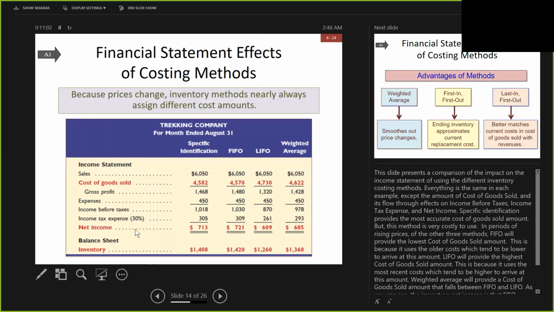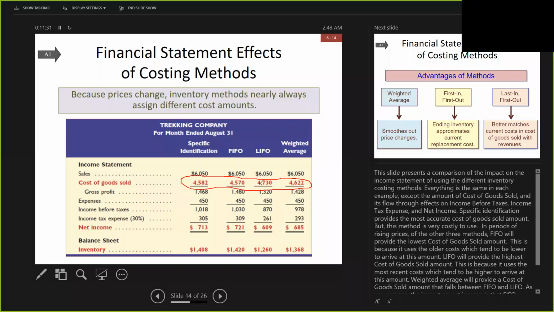And look what a difference it makes. That's really where it comes into play, what we're doing and why these choices are so important. The reason they're so important is because it affects the bottom line. And we see the income statement here. Depending on which costing method we use, look how different cost of goods sold came out.